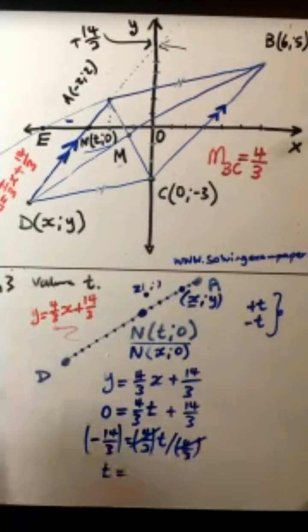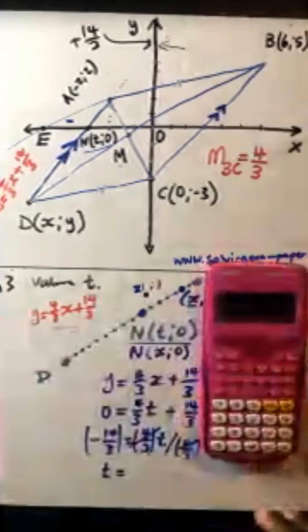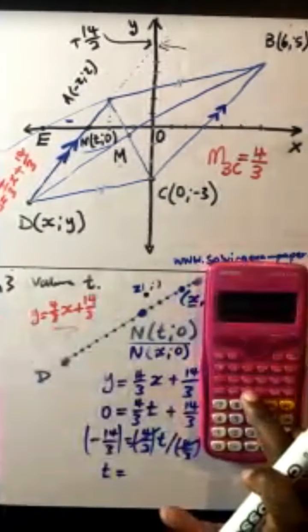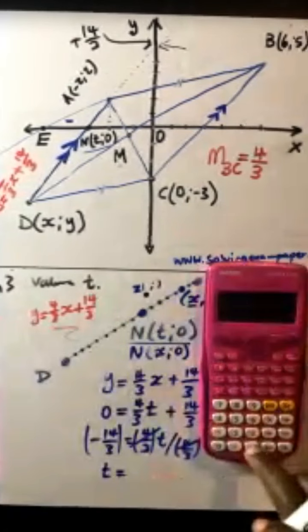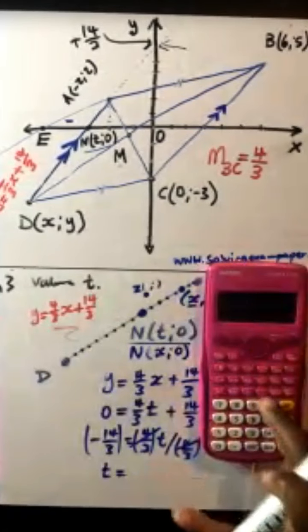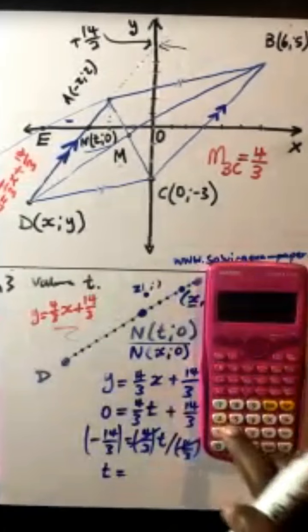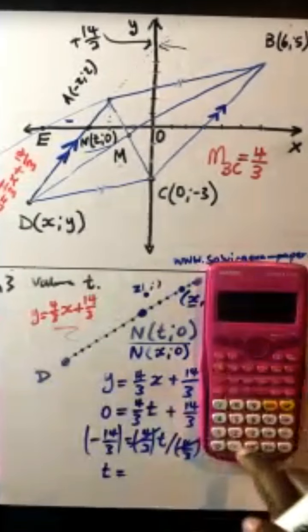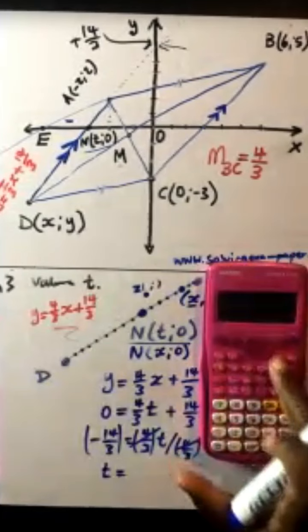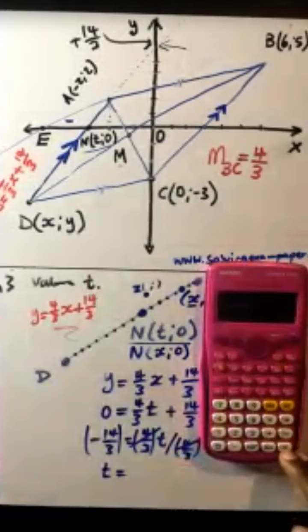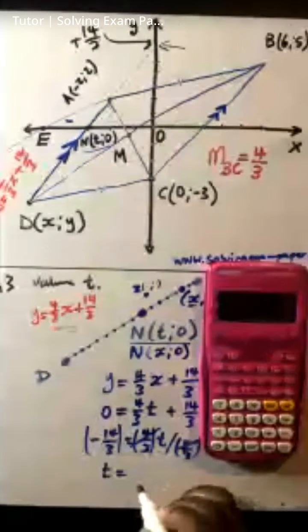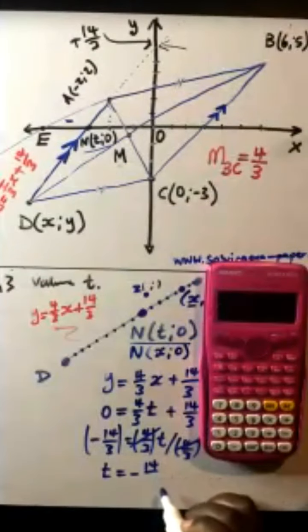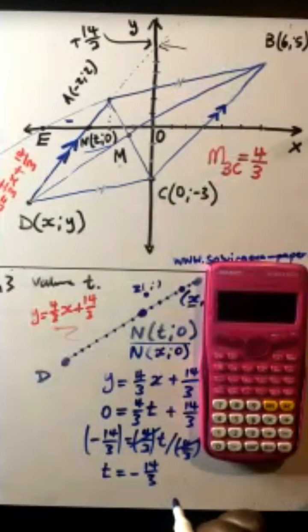So guys, what answer are we getting when we divide and calculate the x value of t? So I'm just going to quickly do that. I've got negative 14 over 3, divided by 4 over 3, which is equals to, I'm getting a negative 14 over 3.